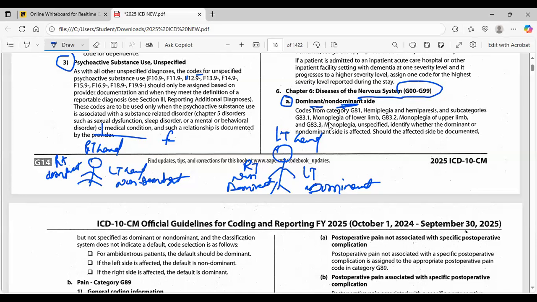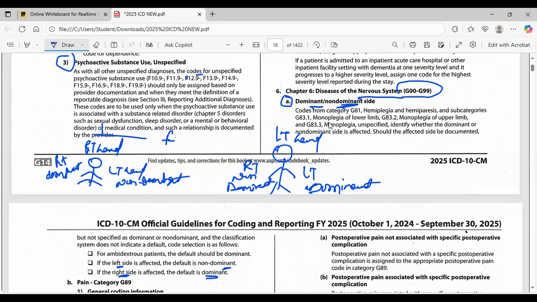If the documentation does not have the information on dominancy, whether the right side or the left side is dominant, then we have to consider the right side as dominant and the left side as non-dominant, because for most patients the right side is dominant and the left side is non-dominant.